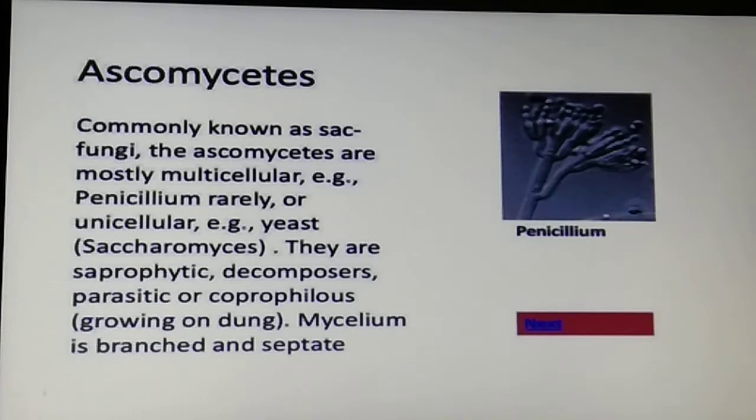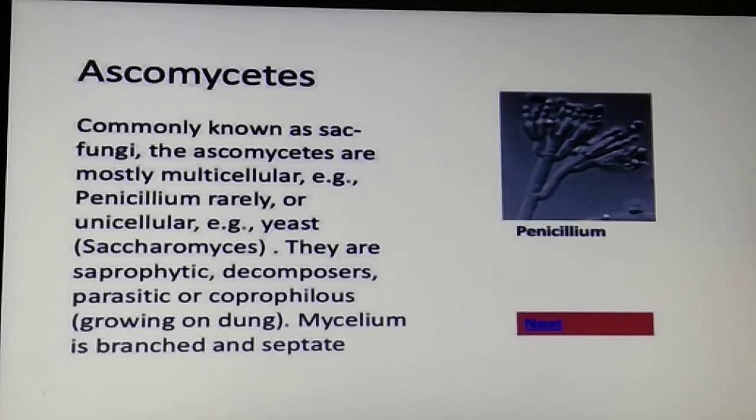Coming on to the next one, that is Ascomycetes. It is commonly known as sac fungi. The Ascomycetes are mostly multicellular, example Penicillium, or rarely unicellular, example yeast Saccharomyces. They are saprophytic, decomposers, parasitic, or coprophilous, which grow on dung, and the mycelium is branched and septate.